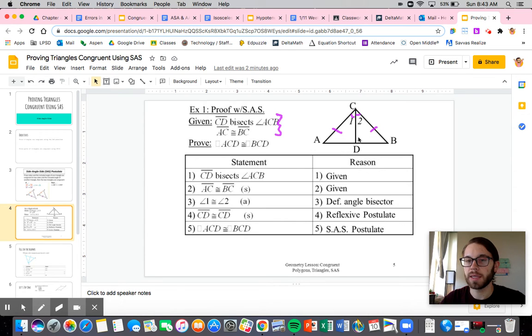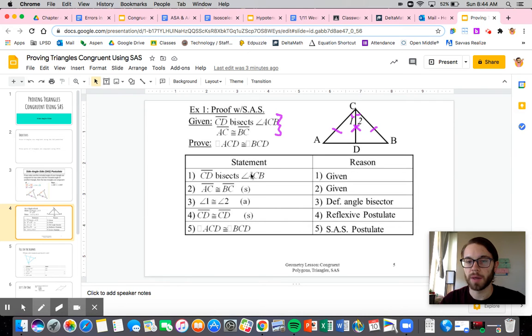We have this side, side CD. Now that's a shared side, right? So whenever you have a shared side like this, we can use the reflexive property that we've seen before. You know, this thing is exactly this thing. So segment CD is congruent to segment CD.